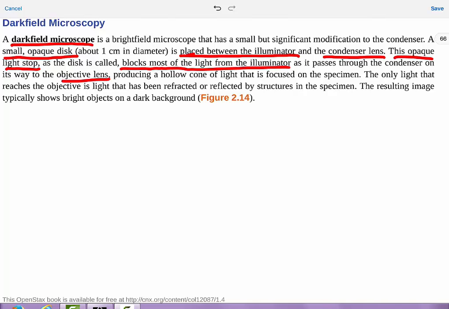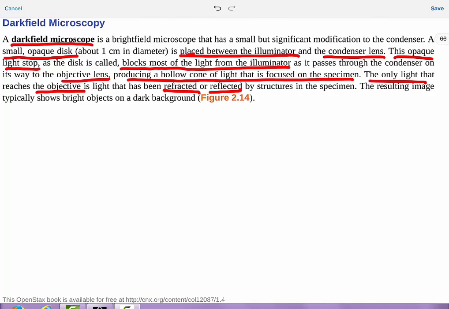When we block most of the light from the illuminator, it produces a hollow cone of light that is focused on the specimen. We'll see an image in just a moment of that. The only light that then reaches the objective lens is light that has been refracted or reflected by structures in the specimen. So rather than having your eyeball flooded with light and the specimen bending and moving that light in different directions and showing different colors, most of the light is totally blocked, and a little bit of light is let in along the edges.